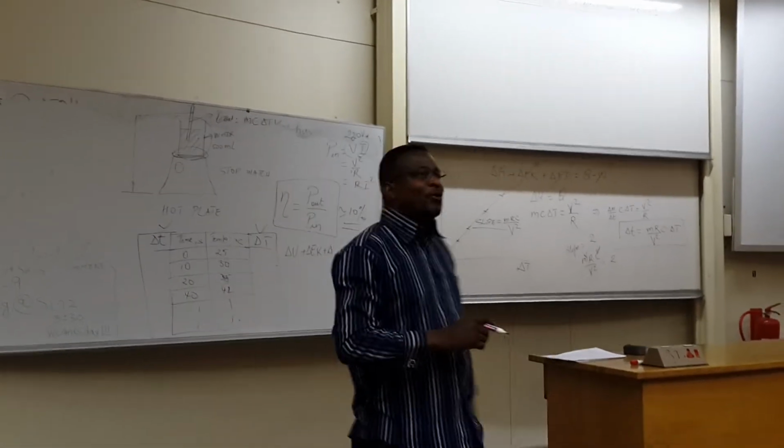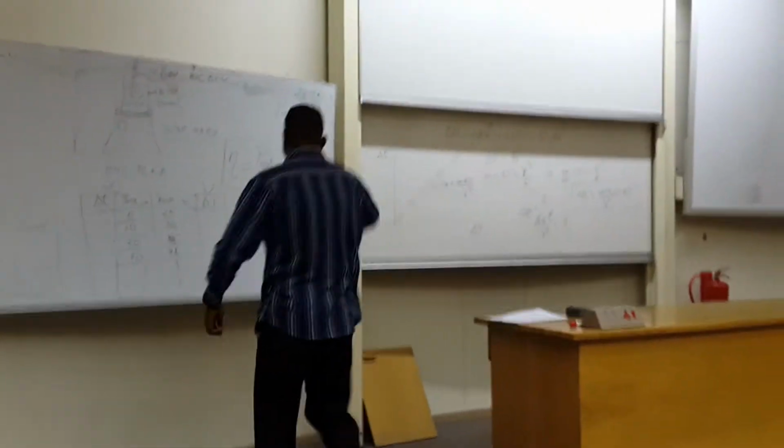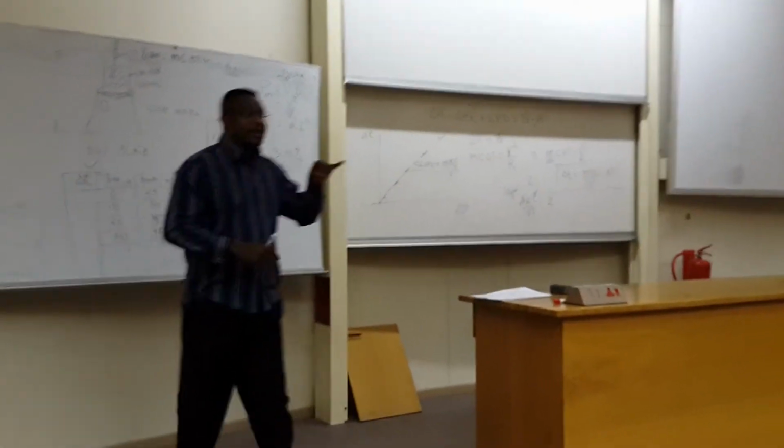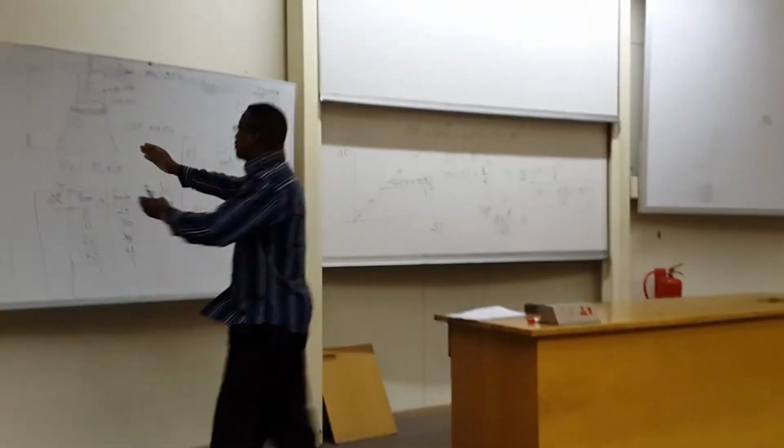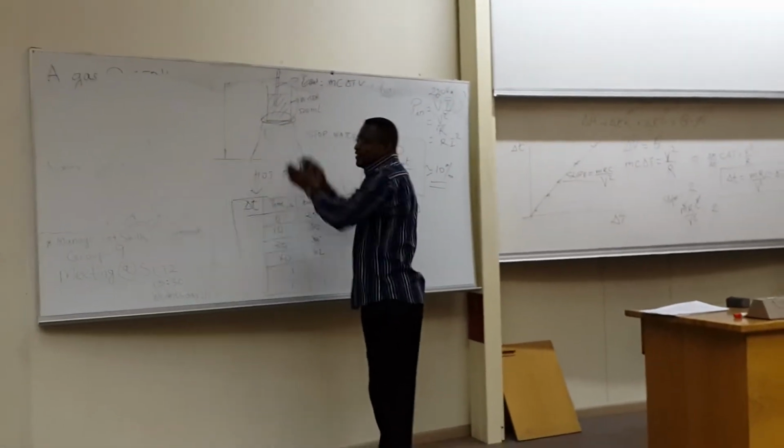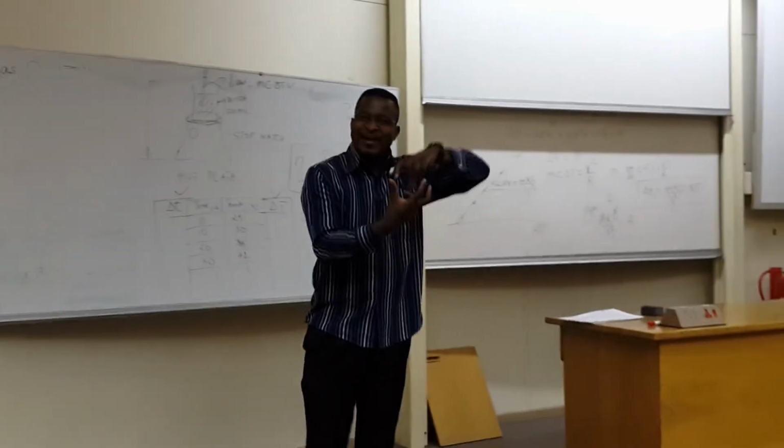That's why nowadays ladies prefer to have a bigger saucepan, to take the whole surface of the hot plate. Because if it's small like this, the energy is lost by radiation. So what makes the efficiency less is the loss, number one, by radiation, because there's no intimacy between the container and the hot plate.